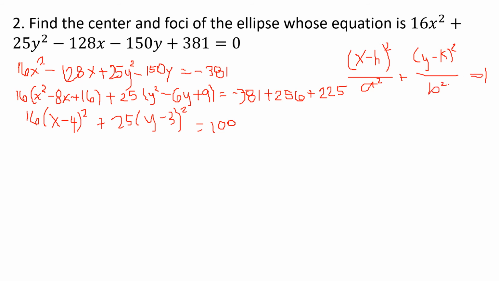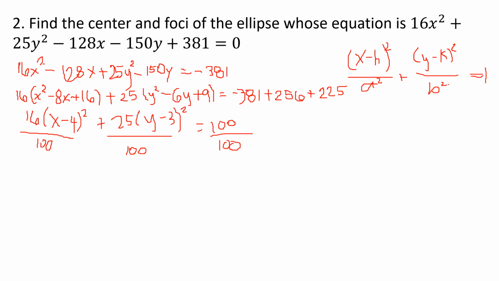So how can we make the right side of the equation equal 1? We divide each term by 100, so that the right side of the equation will become 1.